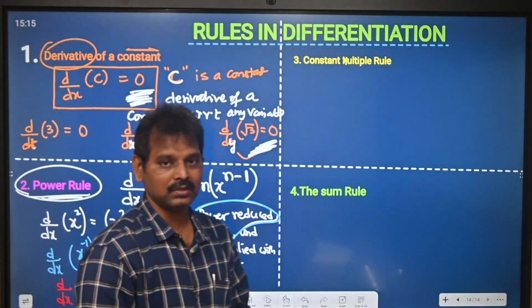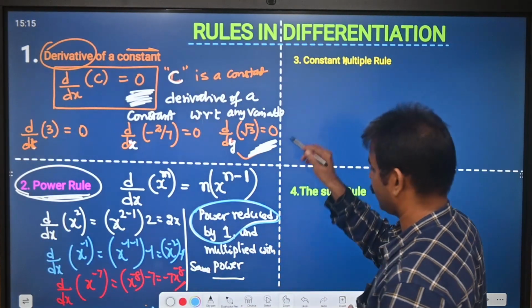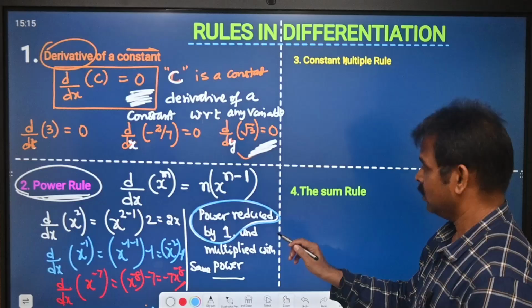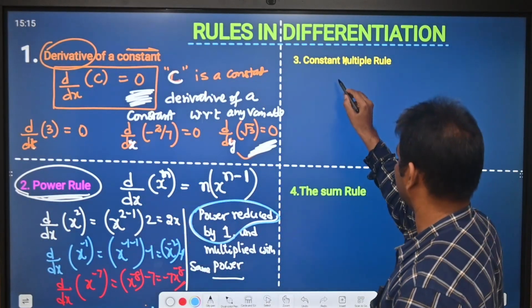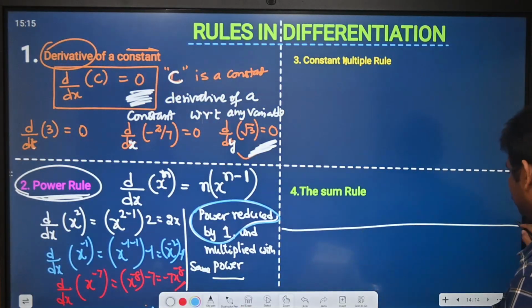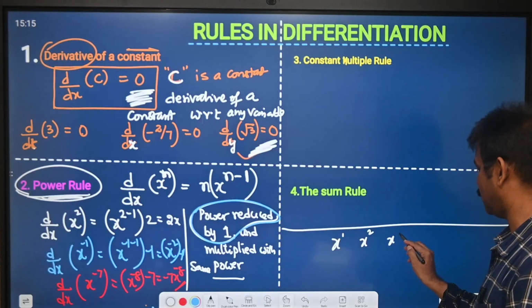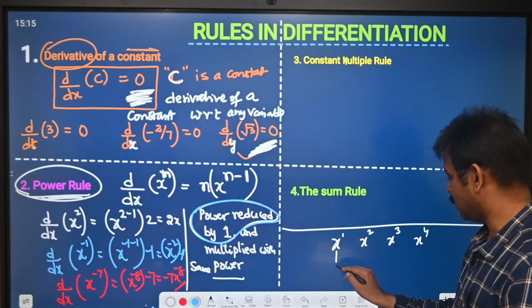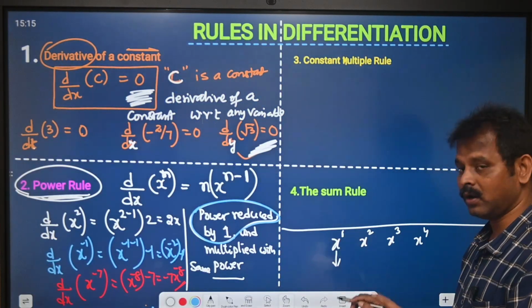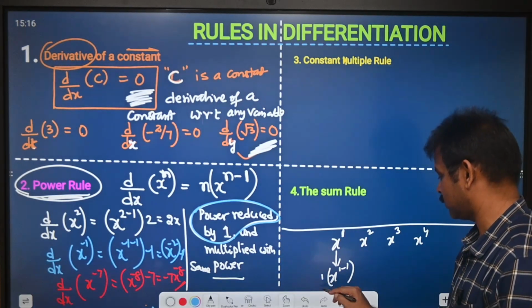So this power rule applies whenever x power n is given. If you take some more values, I will write x power 1, x power 2, x power 3, x power 4. These are the functions, and the corresponding derivative is, power reduces by 1. So this will become x power 1 minus 1 multiplied with the same power.